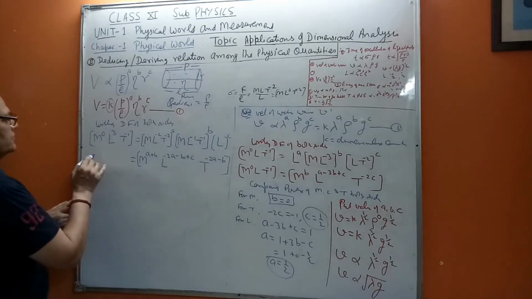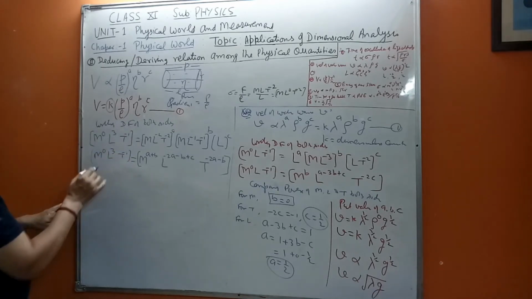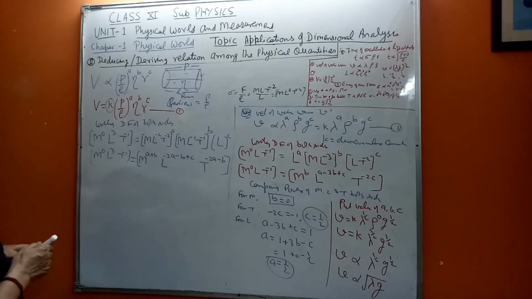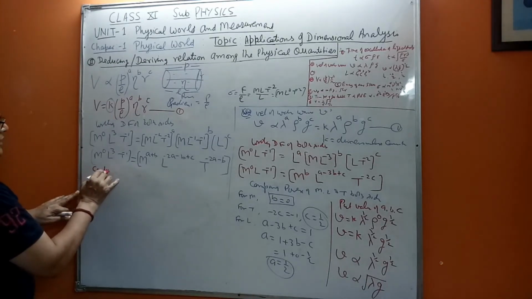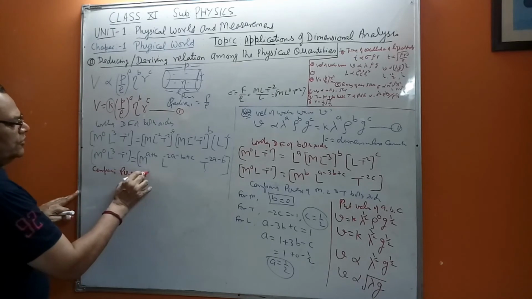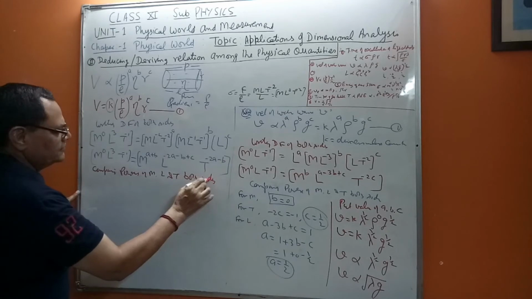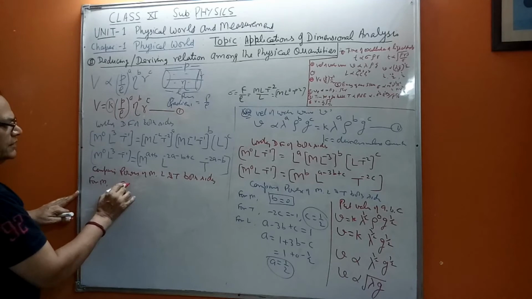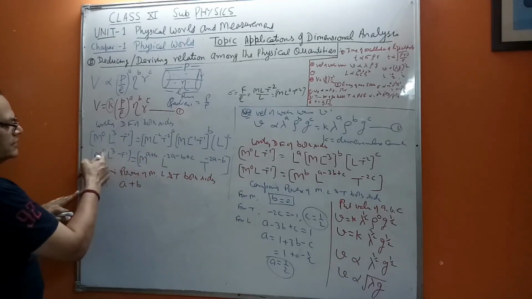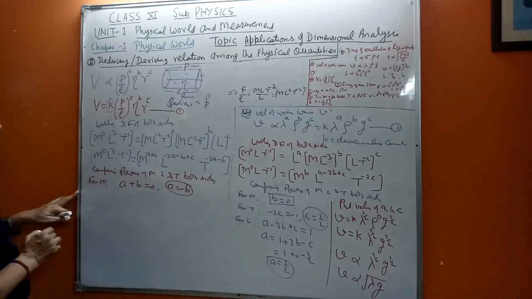So what to do next? We will compare the powers of M, L and T on both sides. Let's compare for M. For mass, what are we getting? a plus b is equal to 0, so a is equal to minus b.